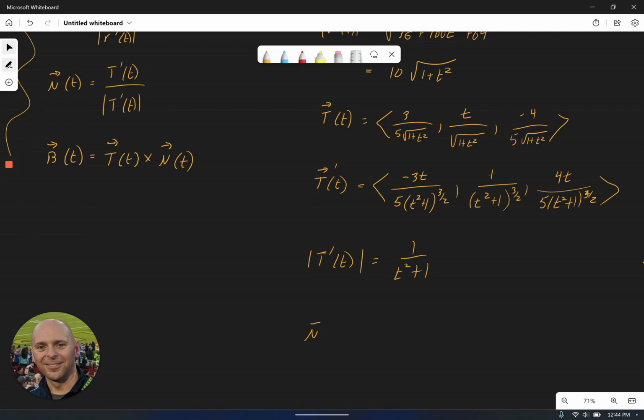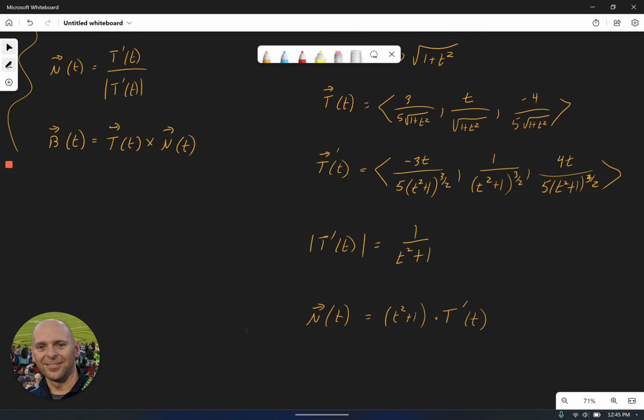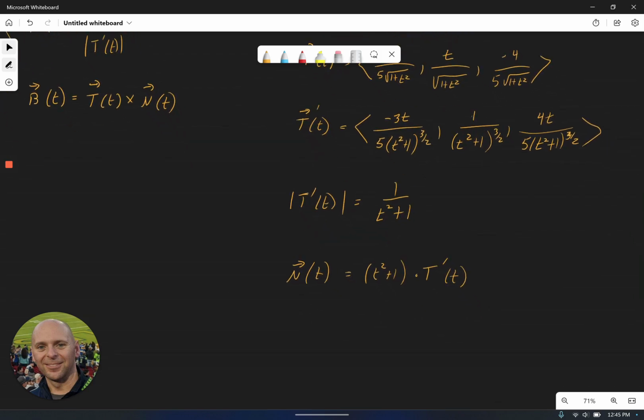So again, the normal vector N of t is going to be T prime over its magnitude. So really that means that we're taking t squared plus 1 times the vector T prime of t, and again, just foregoing some of the simplification that took place in there and getting into a form that makes sense.